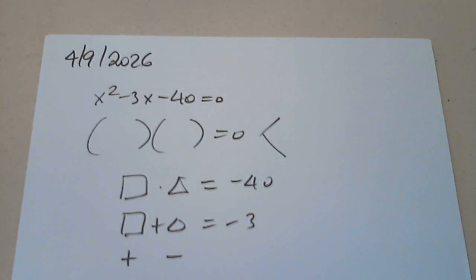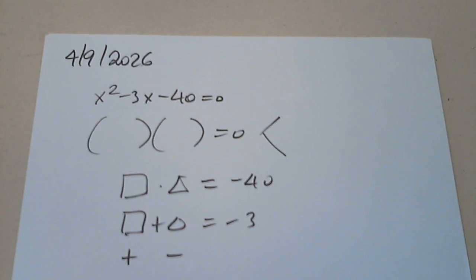Can anyone help? Can anyone help, please, finding two numbers whose product is negative 40 and whose sum is negative 3?